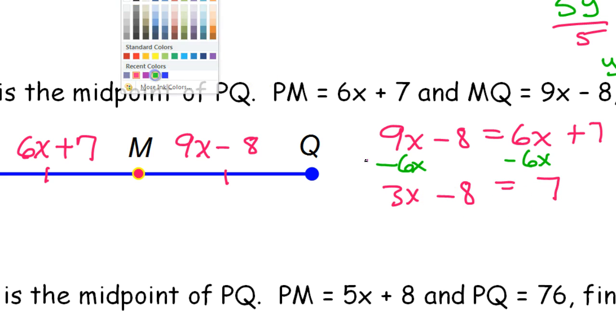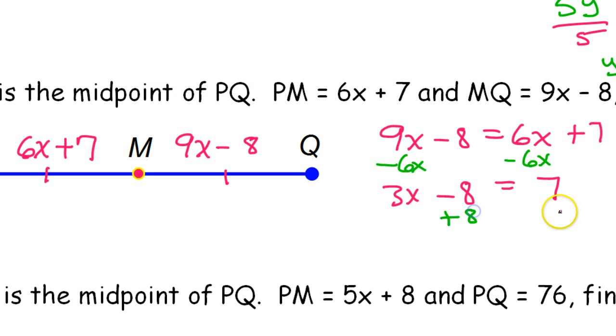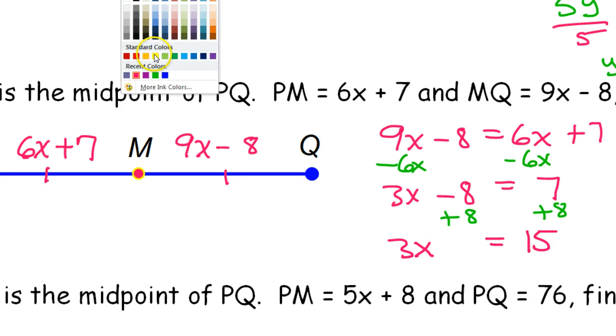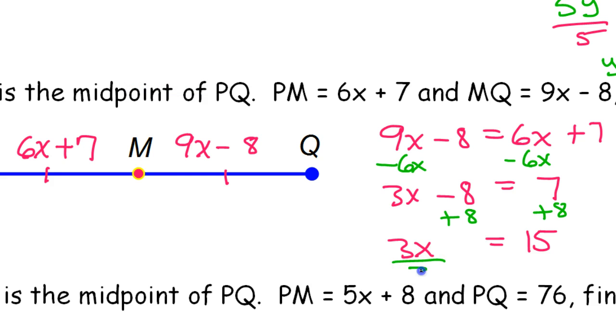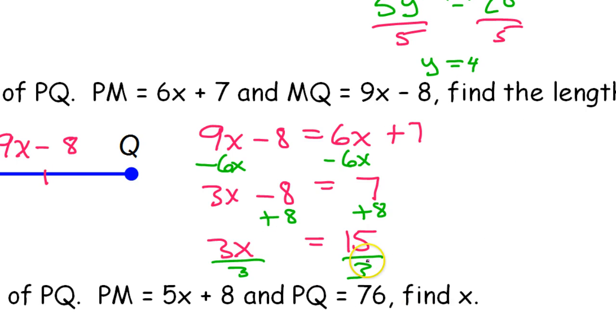Then you would want to add 8 to both sides. So that's going to leave you with 3x is equal to 15. Then it's time to divide both sides by 3. And that's going to give you that x is 5.